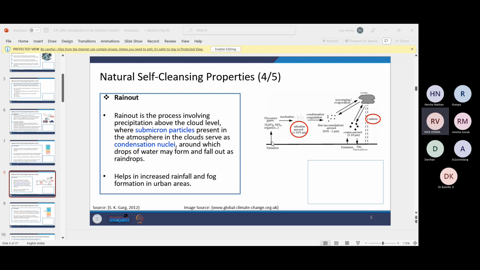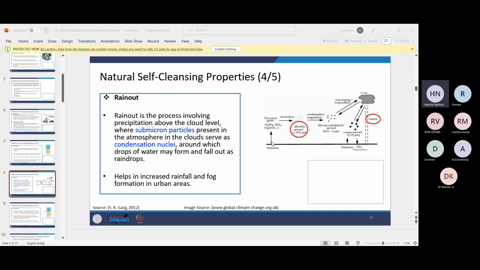Because they attract the water molecules onto their surfaces, they aid in the formation of clouds. And after that, when rainfall happens, they fall down onto the ground with these water droplets, and they get removed from the atmosphere. So that is how these particles get removed from the air.